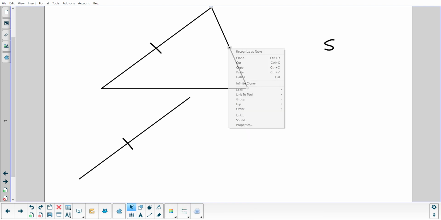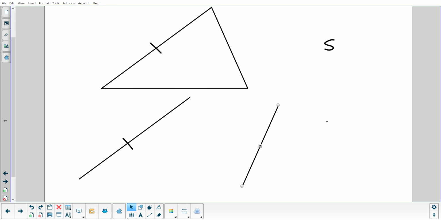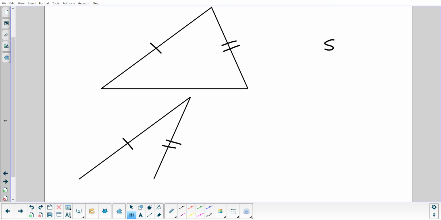Next thing I'm going to do is take this side, make a copy, and I'm going to flip it. Is it still the same length as the side I copied it from by flipping it? Yeah, there's no change in the length just by flipping it. So now that is the same as that. So now we have 2 sides in common.